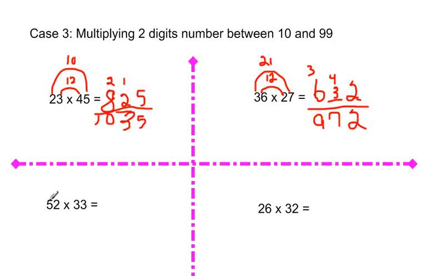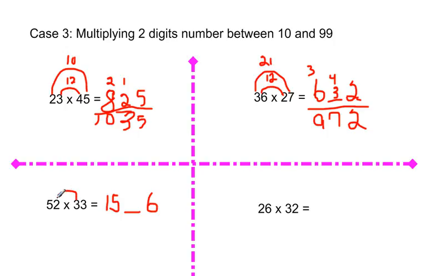Multiplying the two numbers that are in the tens place, 5 times 3, which is 15. So my leading digits are going to be 15. Again, I'm going to put a line because I've got to fill in that space. And my last digit is going to be whatever I get when I multiply 2 times 3, and that's going to be 6. To find the digit that's missing, I'm going to multiply my inner digits just like you do in FOIL.